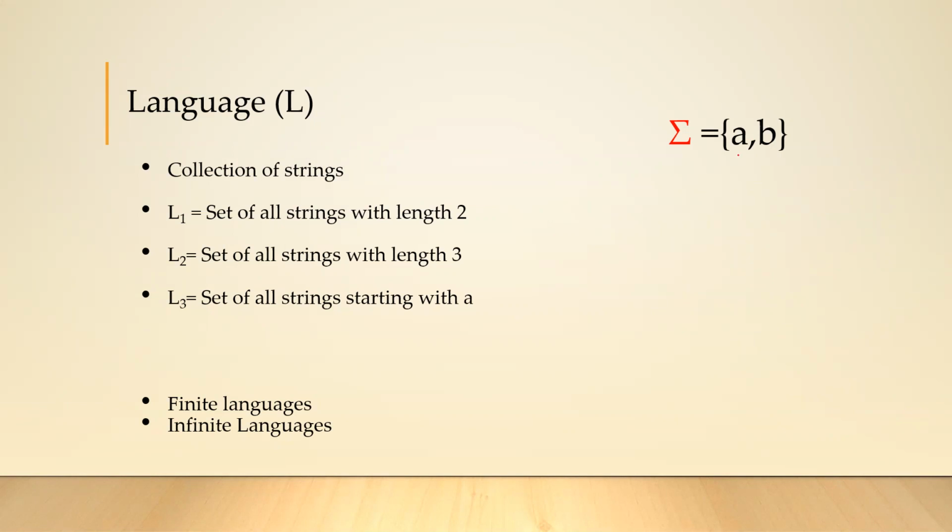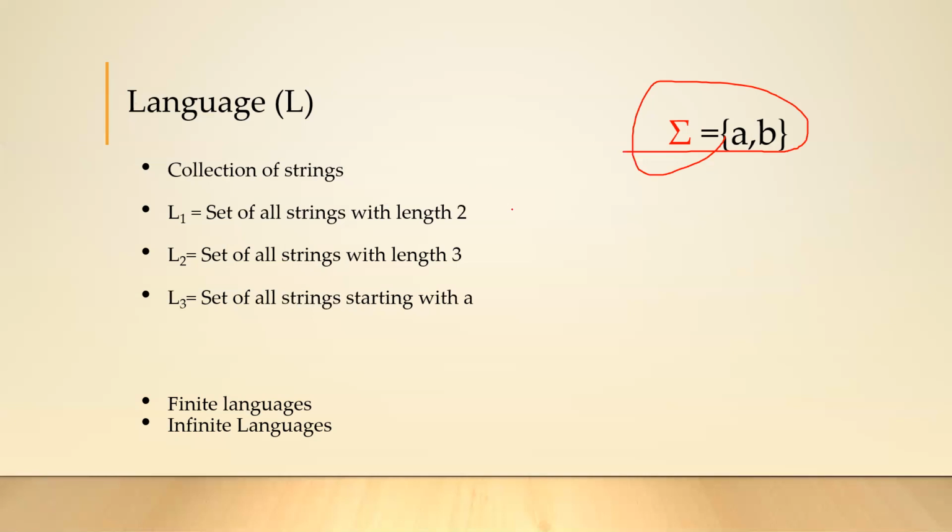Also, as we saw earlier, it can happen only on a given set of alphabets. The alphabet which I have in question is sigma equal to A and B. So these are the only two possible letters in my alphabet.